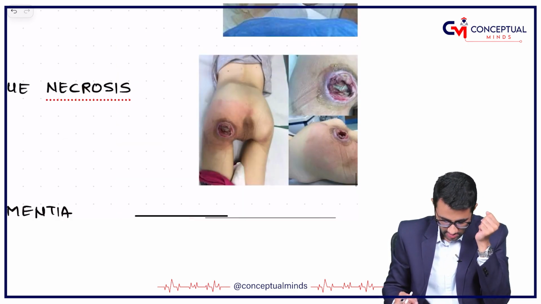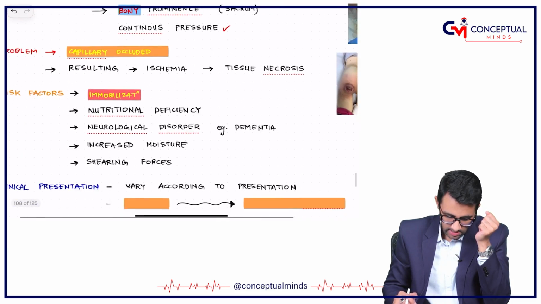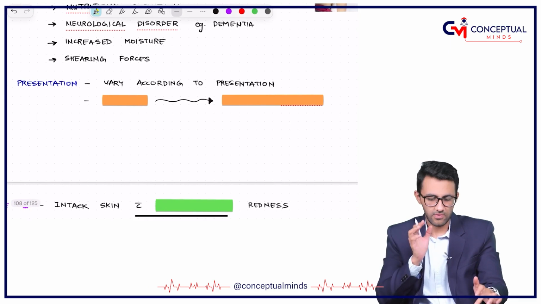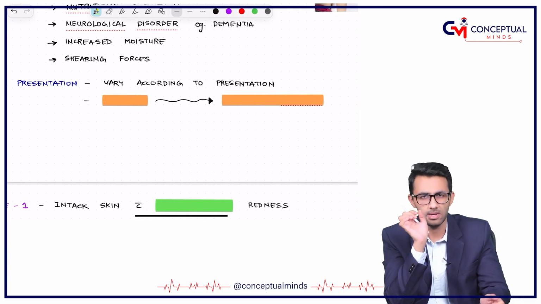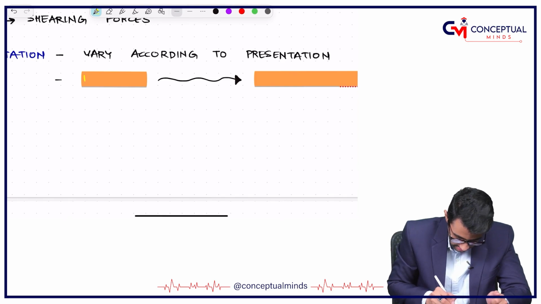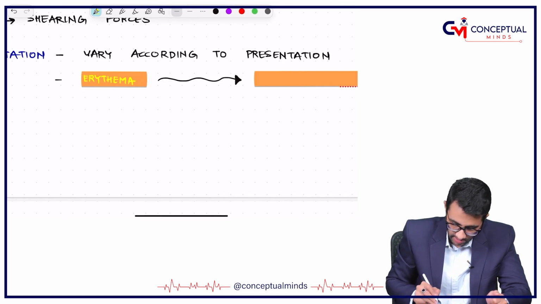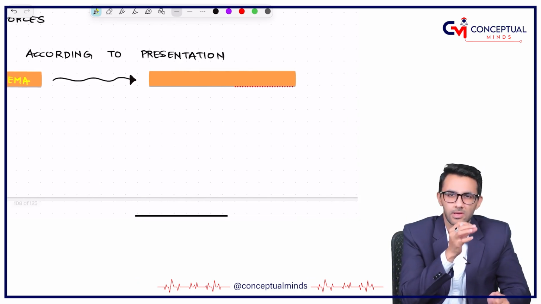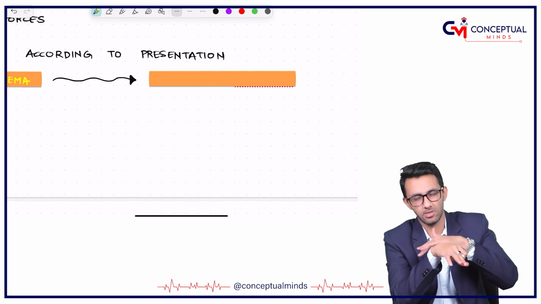Alright, fine. We'll come to that in a while, but first, how is the presentation going to be? What are the few points that I want you to keep in mind? First of all there is erythema. Alright, we just discussed this. It could be as simple as erythema, just redness across an area.